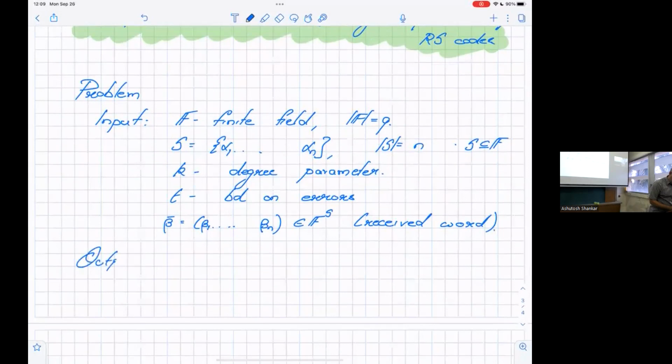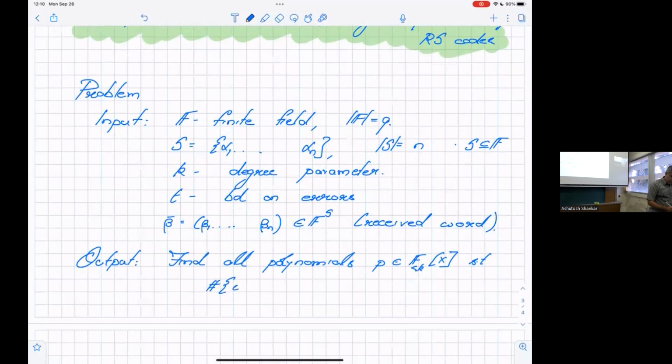Output: find all polynomials P in F_q[x] of degree less than k, such that the number of locations i in [n] where P(alpha_i) is not equal to beta_i is at most t.